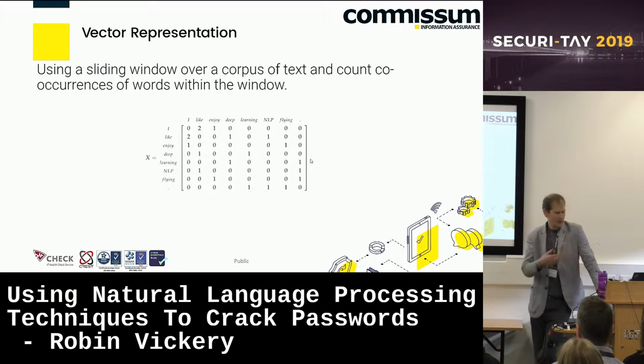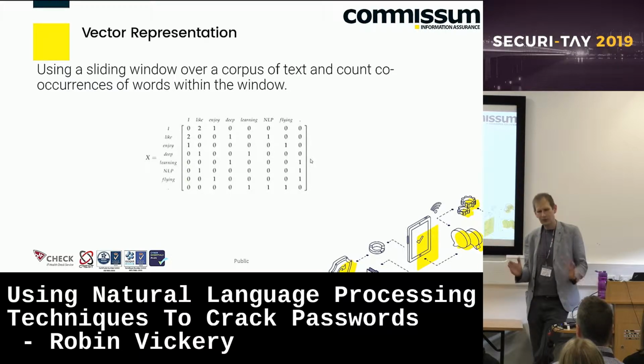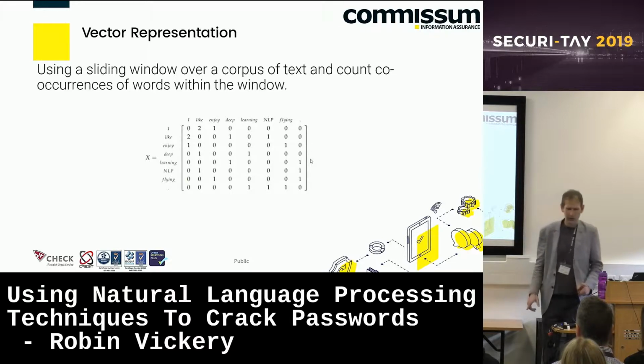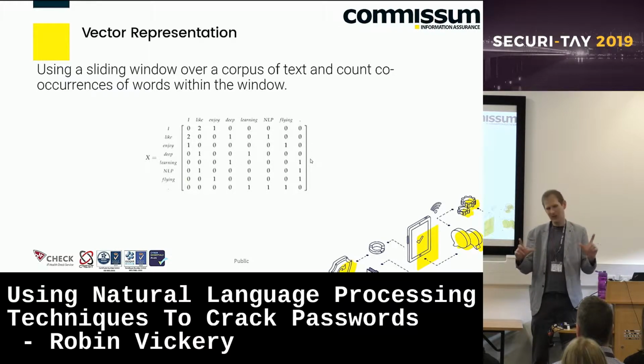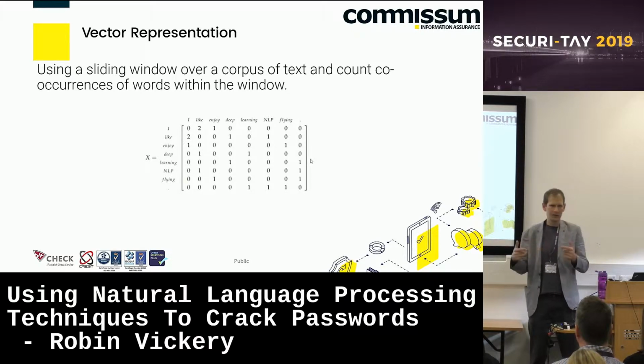So the way it usually works is you have a sliding window that moves across the text corpus. So, say, you have 8 words within that window, and you count all words which co-occur within that window.